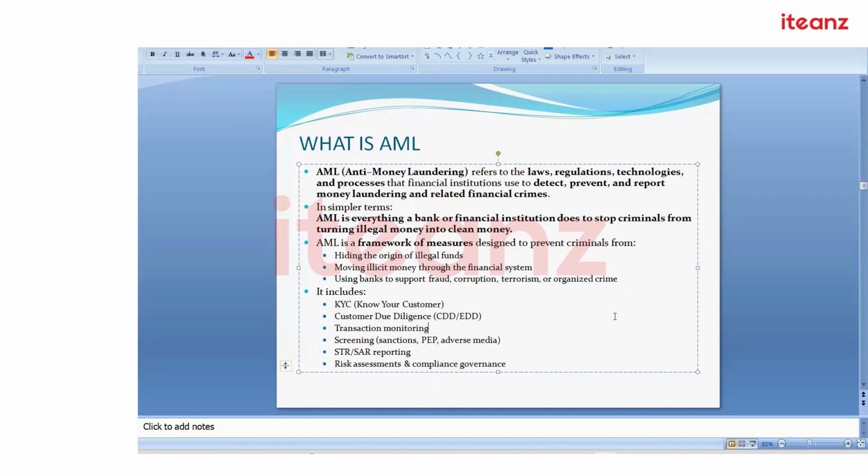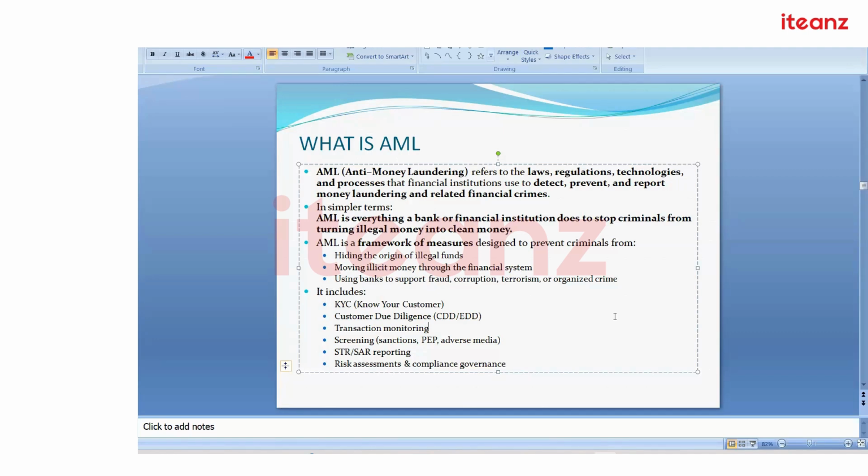Then if in level 3 they find that yes, it is a suspicious transaction or activity, they will file a report called SAR. SAR is nothing but suspicious activity report. Write it. Then you have another called suspicious transaction report.